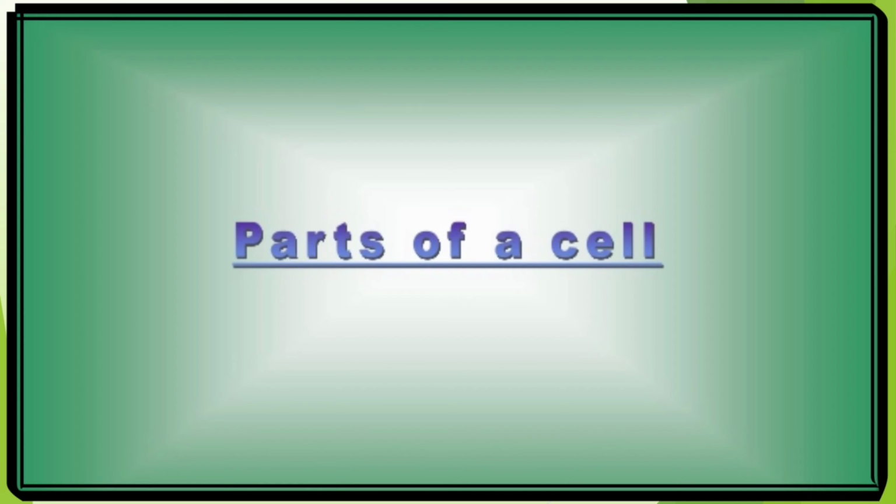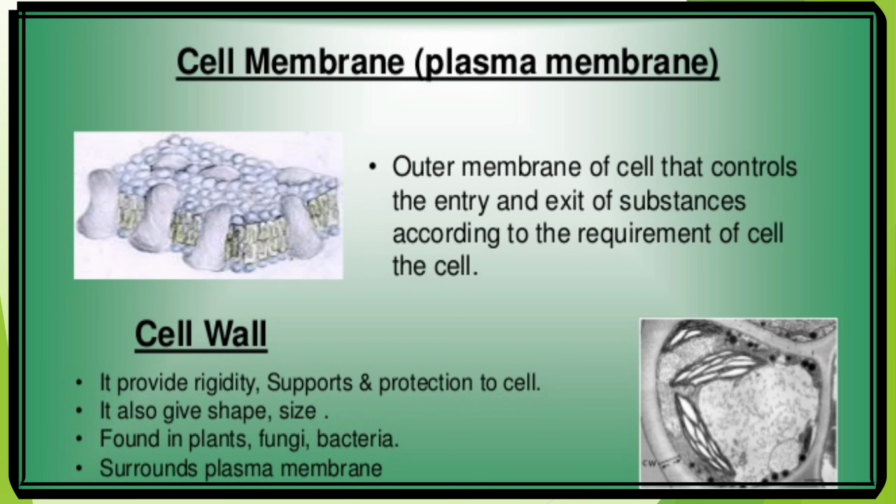Go further. Parts of the cell. A few parts are important for the cell, which are mentioned over here. The first is the cell membrane, which can also be called the plasma membrane, and another one is the cell wall. Now, what is the plasma membrane? Plasma membrane has another name, permeable membrane, because this membrane decides which substance will enter the cell and which will not.